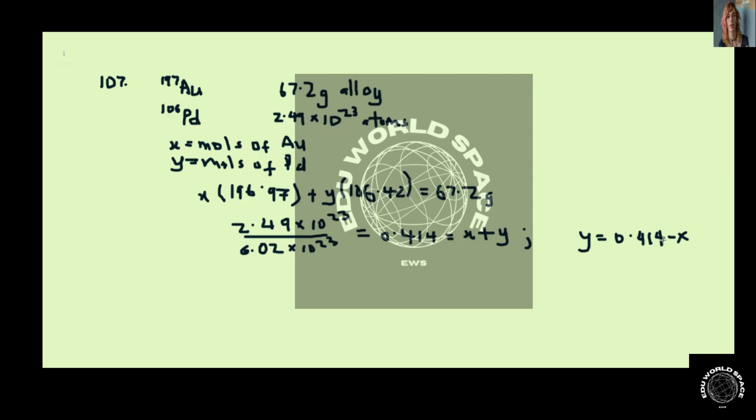So now we can substitute this into our equation here. So essentially what we have is 196.97 x. We're going to keep x the same and just substitute y with 0.414 minus x, plus 0.414 minus x.